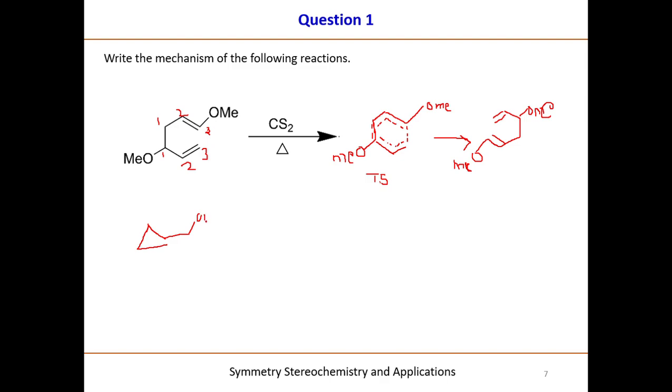OMe. Here we have a double bond. Here we have a double bond. 1, 2, 3. 1, 2, 3. This is the OMe group.